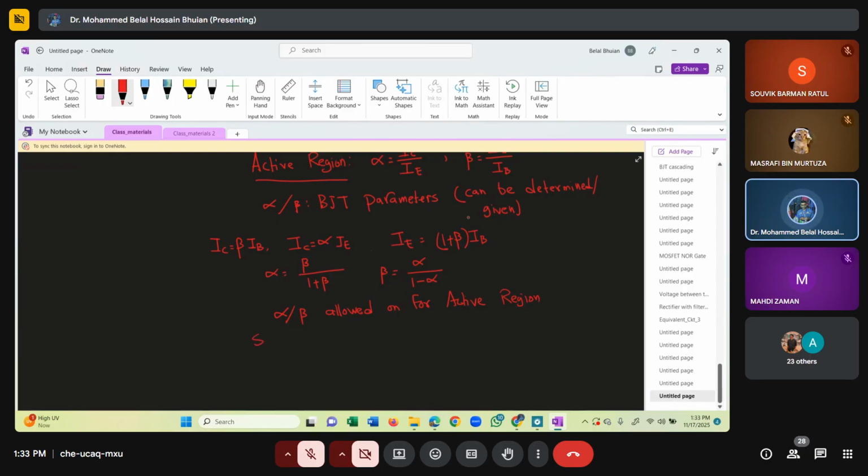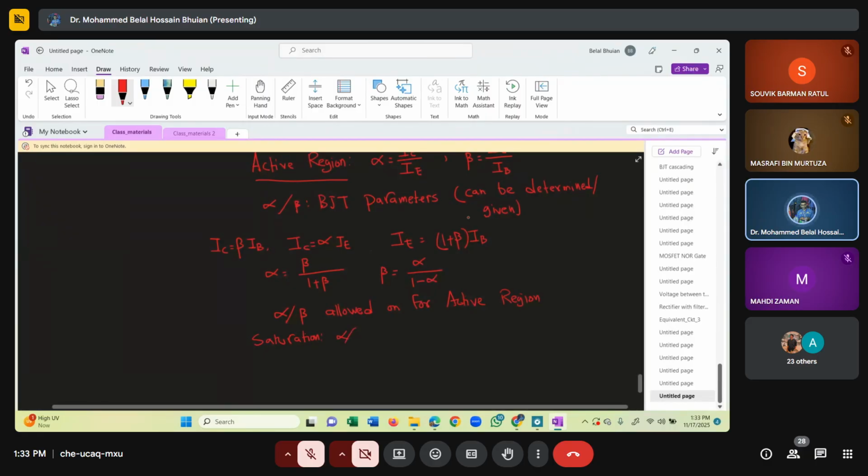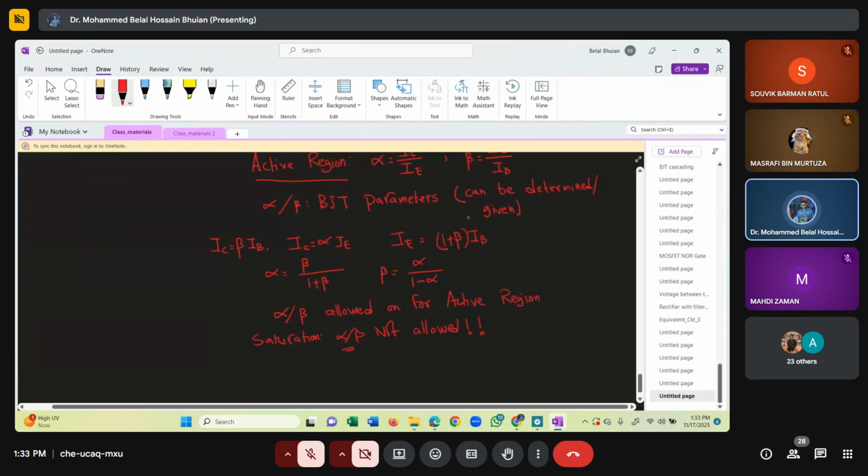In the saturation region, if the BJT is operating in saturation, alpha and beta are not allowed. You're not allowed to use alpha and beta. It must be remembered. How we can determine the current then, we can learn later.